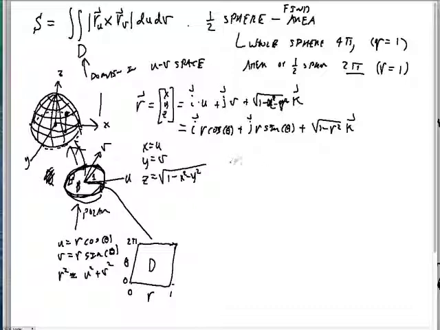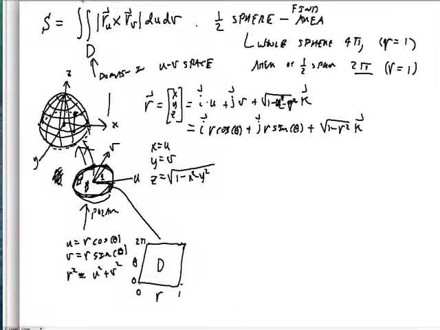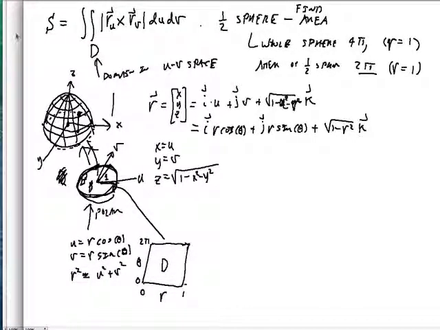So now let's do this. I'm going to give myself a lot of extra room and rewrite this. The vector r is going to be equal to i times scalar r cosine theta plus j r sine theta plus k times the square root of 1 minus r squared.